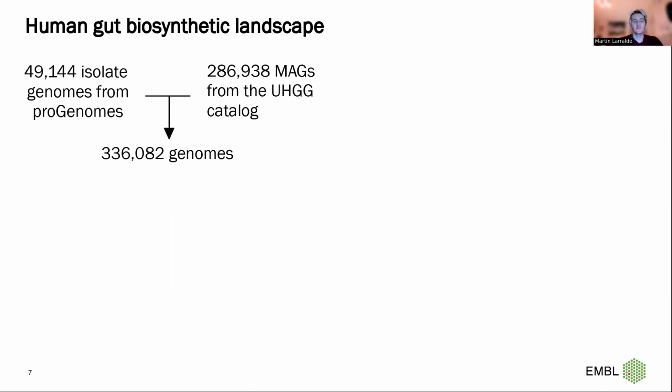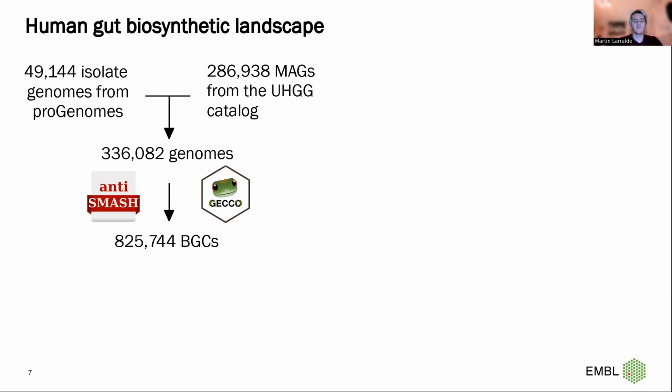We then annotated our genome collection with both antiSMASH and GECKO, where we found roughly 800,000 BGCs.